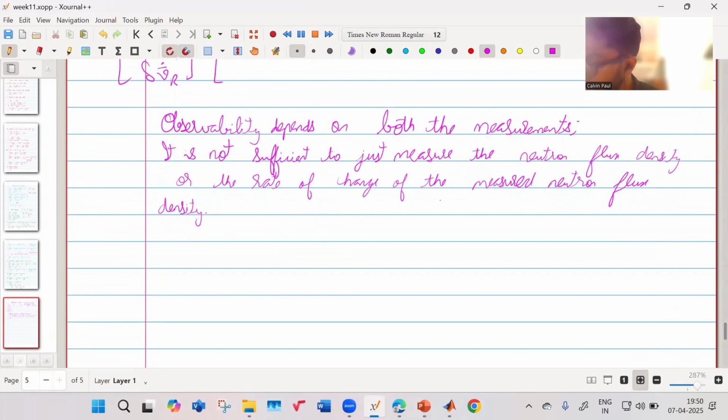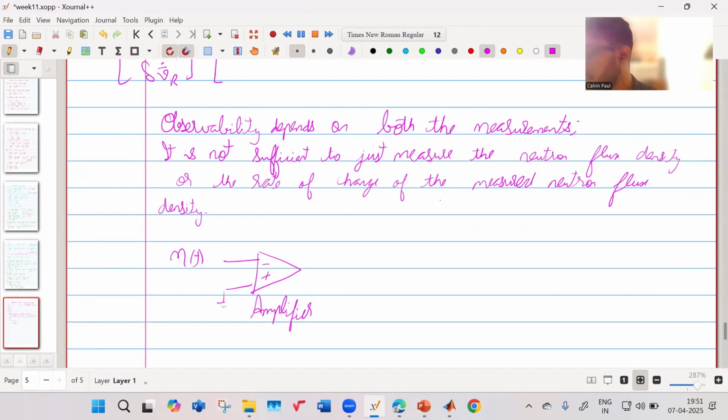If you try to understand, let me say this is my neutron flux density. It is passed through, let us say, an amplifier with ground, minus, plus. We have to get a low pass filter. It's not exactly an integrator. So how is the system response?